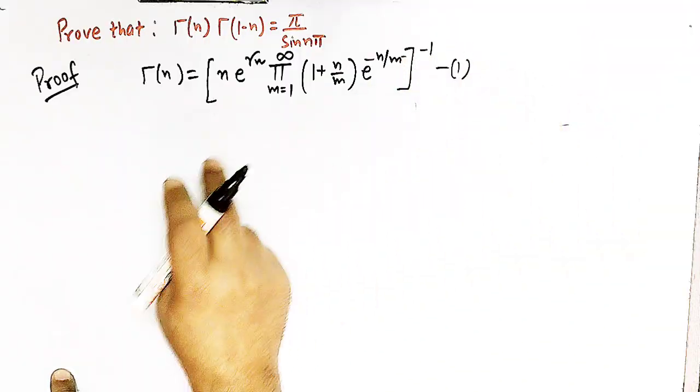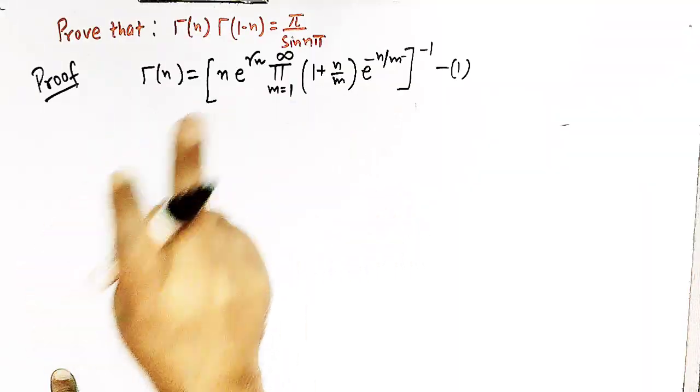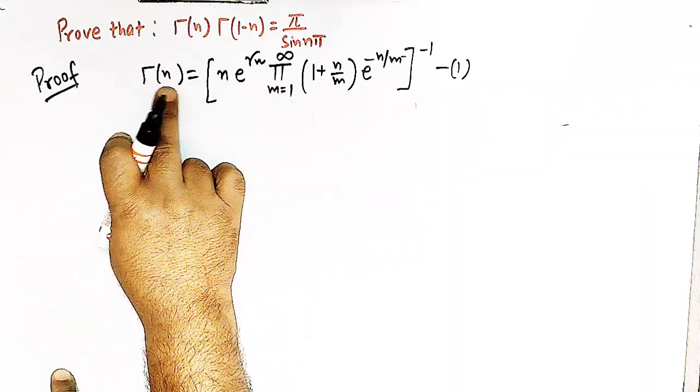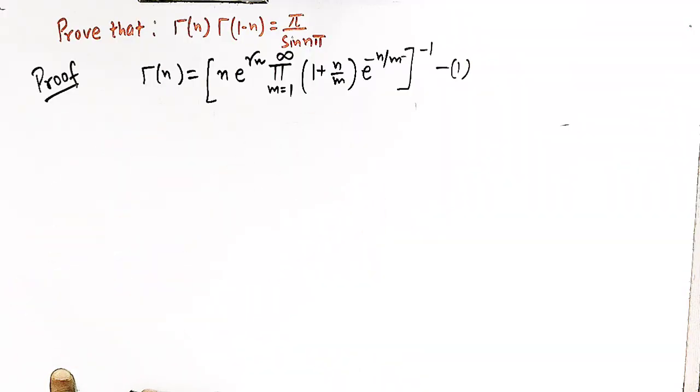So this expression gives us the definition of gamma function, that is Γ(n) given by Weierstrass, right?